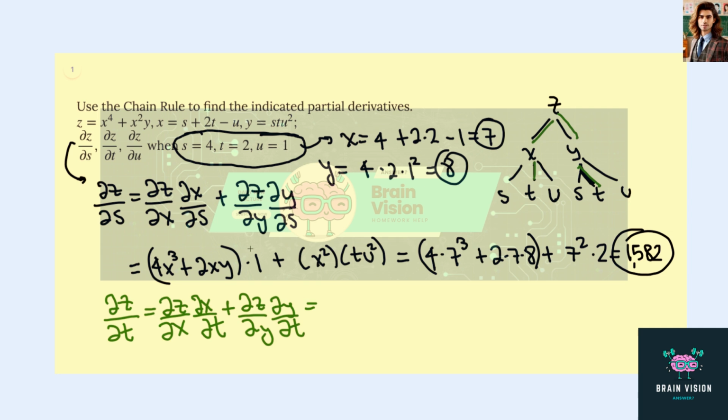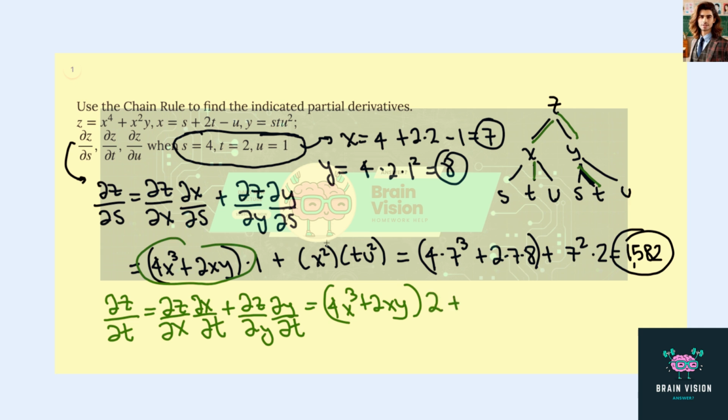We've already computed the derivative of z with respect to x. That was this value over here. Derivative of x with respect to t, that'll be a 2.